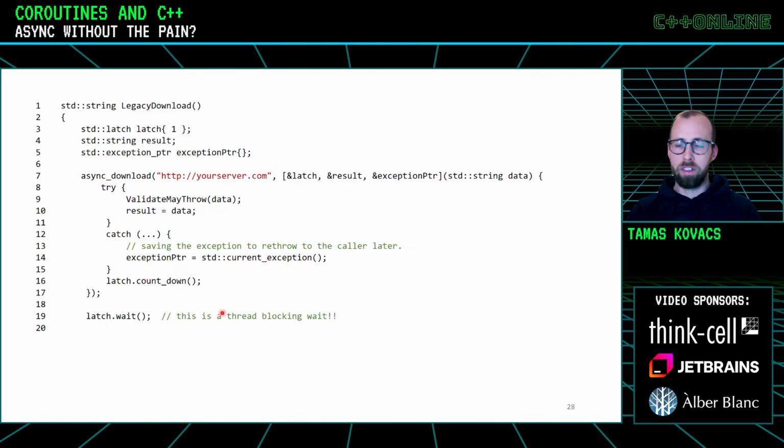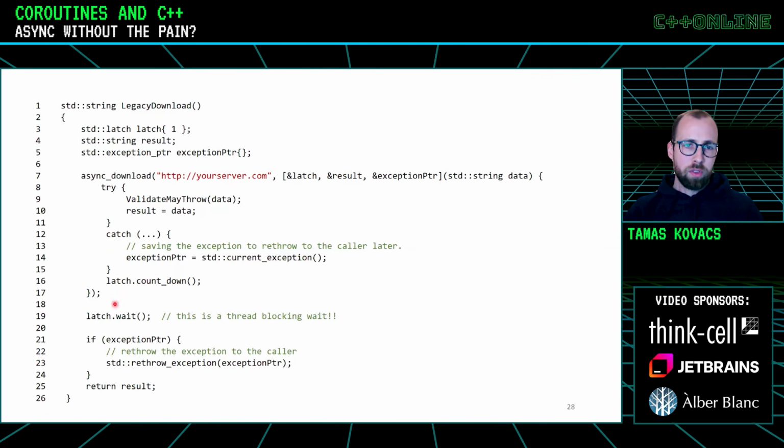This is a thread-blocking wait. After this latch is notified by the completion callback, we can move on and continue with execution. In case of an exception, we rethrow it, or otherwise simply return the result. So this works, but if you imagine it at a larger scale, it's extremely hard to maintain and doesn't scale well at all.